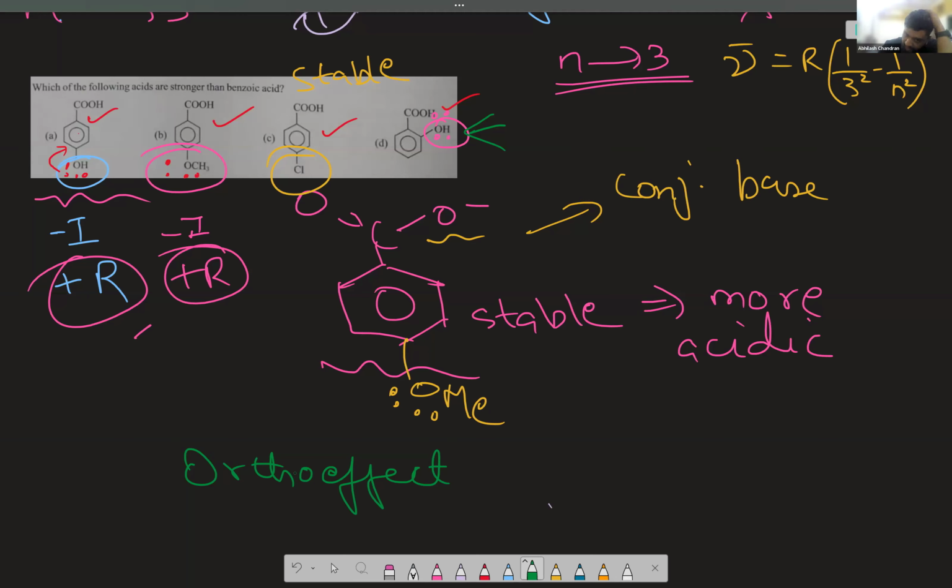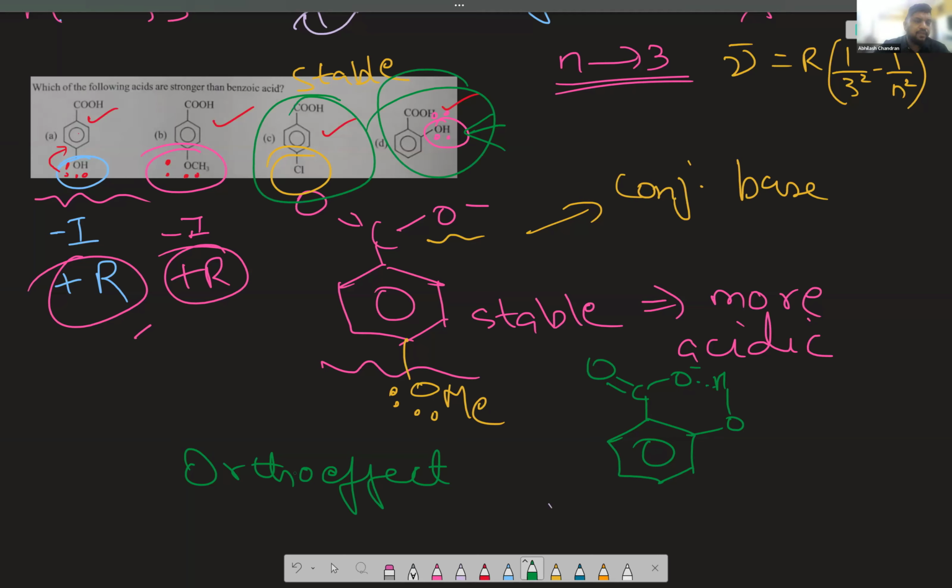But again, here there is one more angle to this. There is stabilization of the conjugate base that is going to happen because of intramolecular hydrogen bonding as well. So you have an OH like this, and there is going to be intramolecular hydrogen bonding that is going to stabilize your anion a lot. So even here, you're going to see that this is more acidic than your benzoic acid, and your parachlorobenzoic acid is also more acidic.